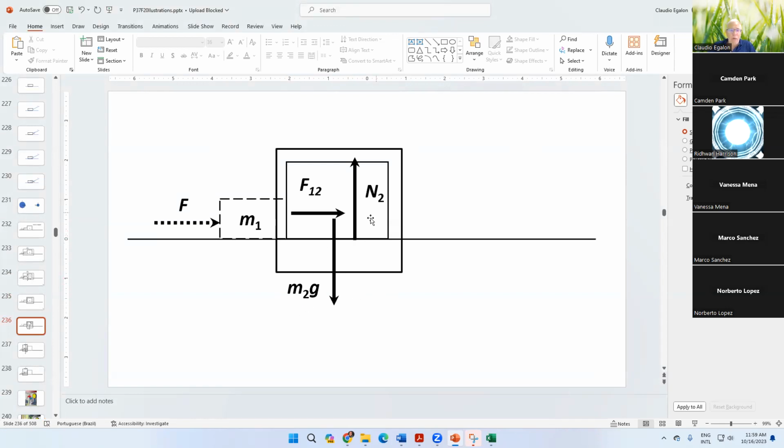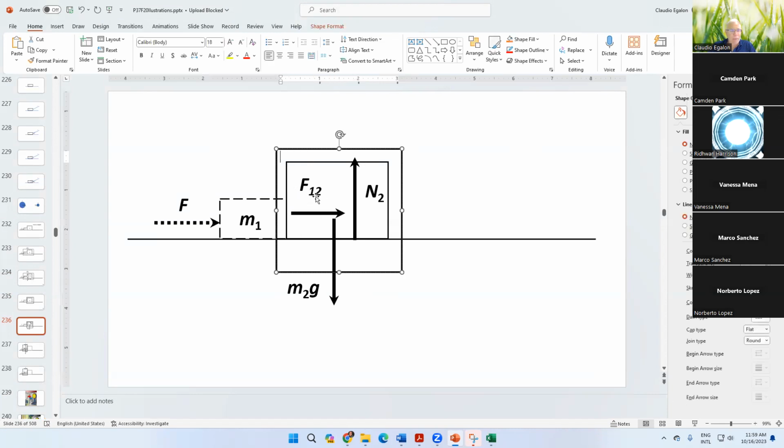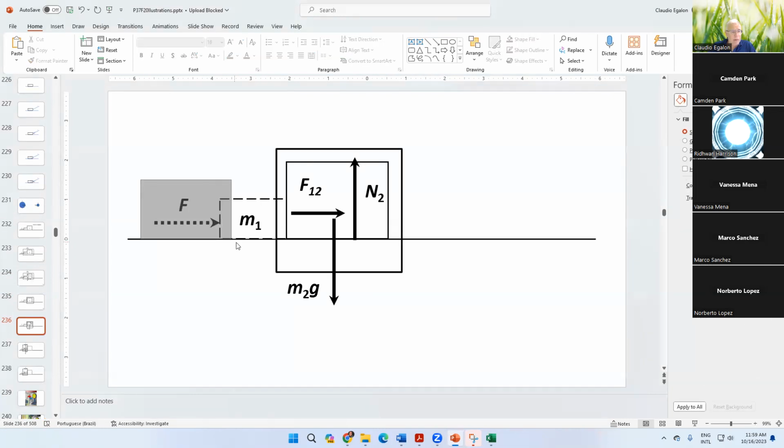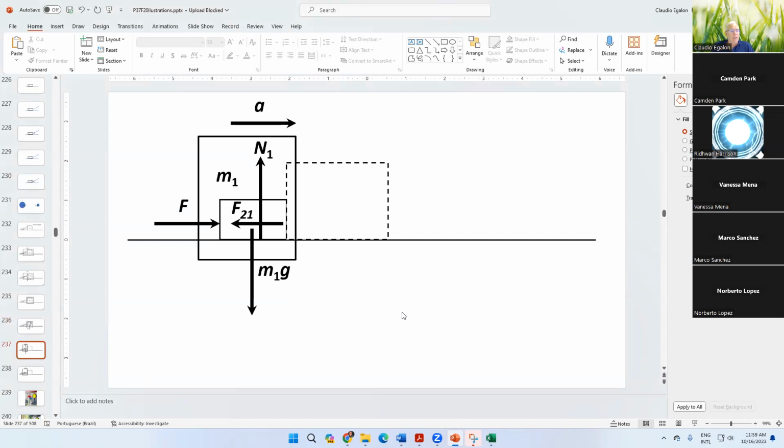The weight, the normal, and this other force, F of 1 applied to 2. F12 is not necessarily equal to this force here, folks. N2 and weight cancel out, so everything that's left is F12, and F12 is equal to mass 2 times acceleration. Then you can do the same for mass number 1, and I'm going to do that in detail next time. Any questions about that?